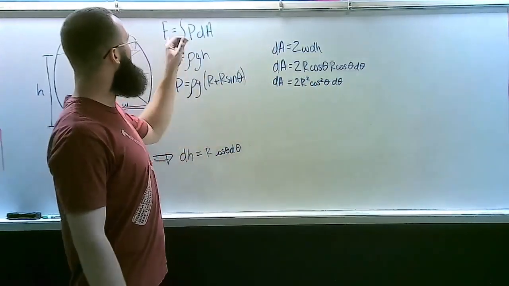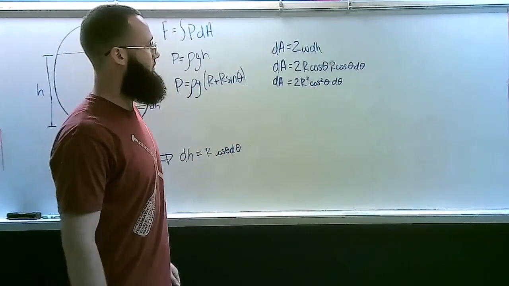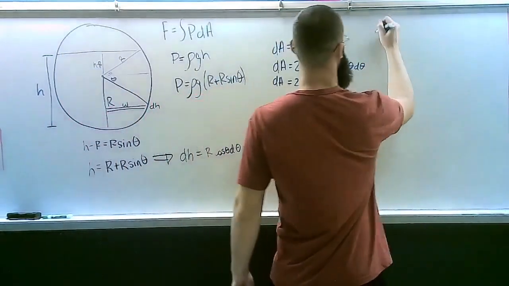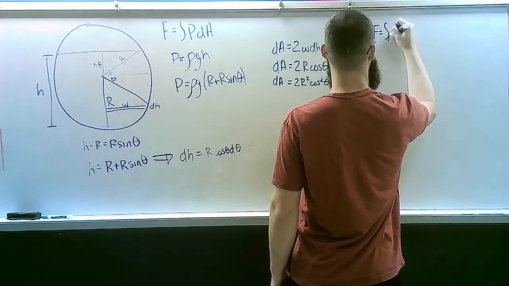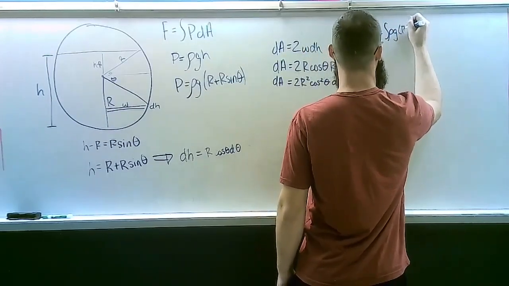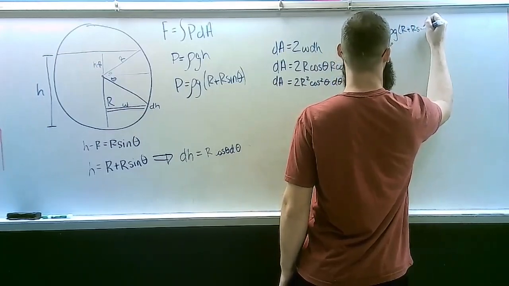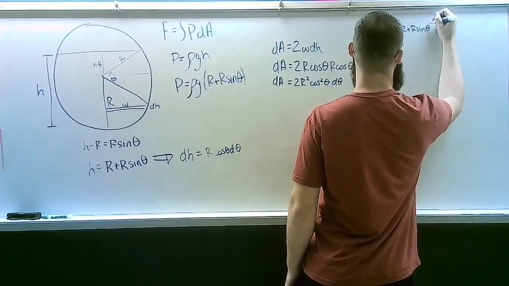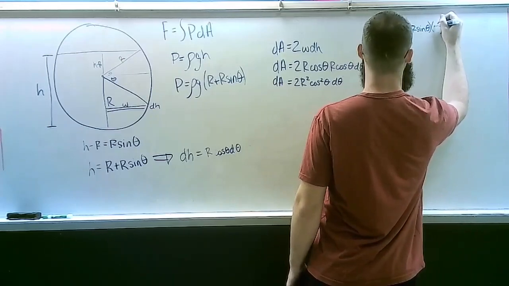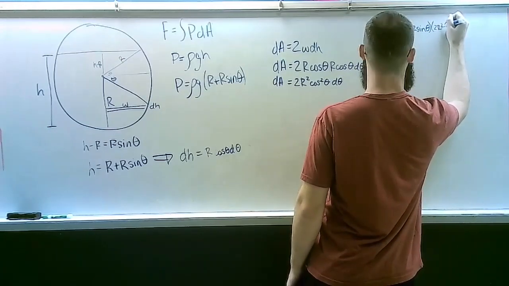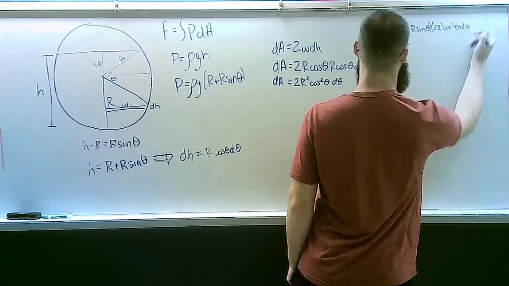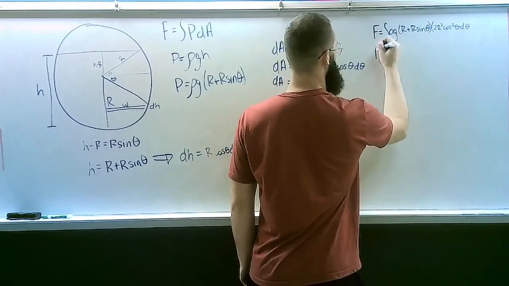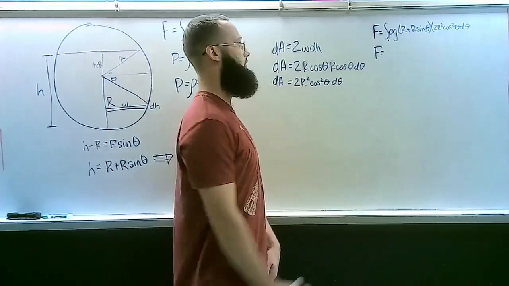Now we have to combine these to find the force function. So we have force is equal to the integral of rho g times r plus r sine theta times 2r squared cosine squared theta d theta. So first we're going to take everything out of the integral that doesn't contain theta.